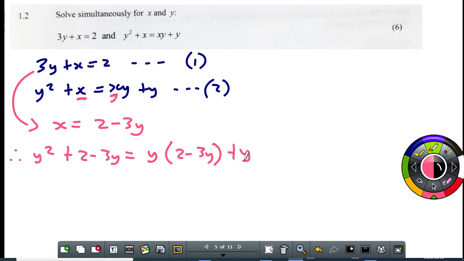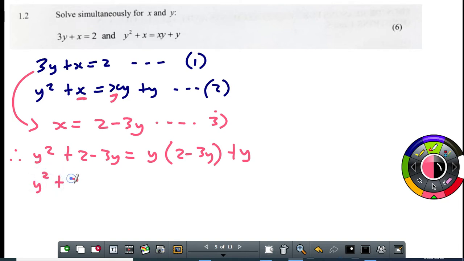That's our new equation. If you want, I can call this equation 3. So we are substituting equation 3 into equation 2. Then you simplify this. Simplifying this is not grade level. So this will be y squared.